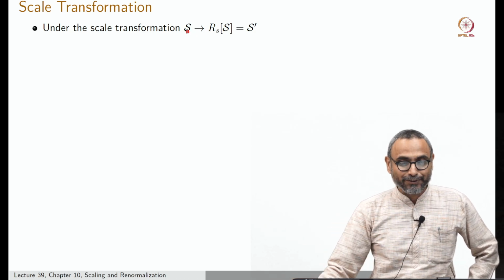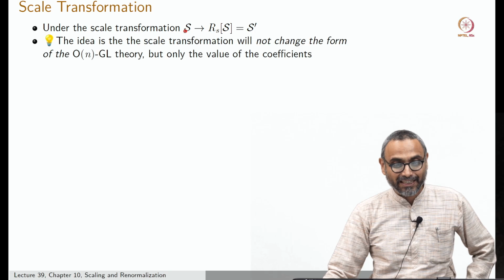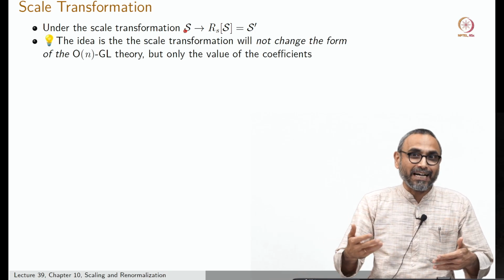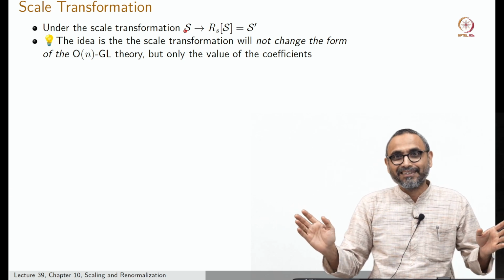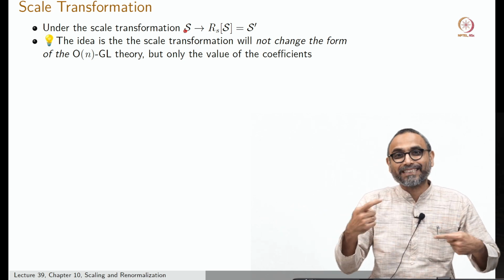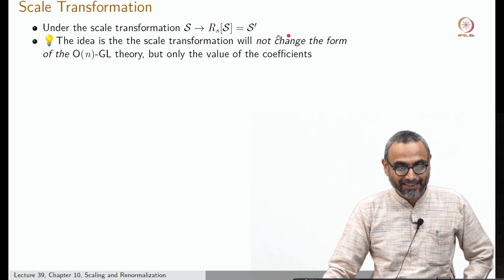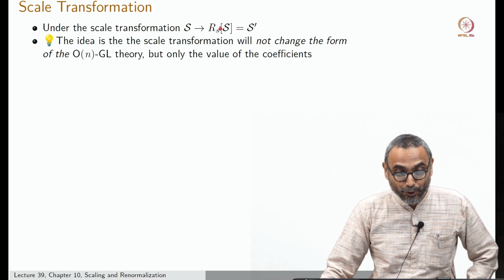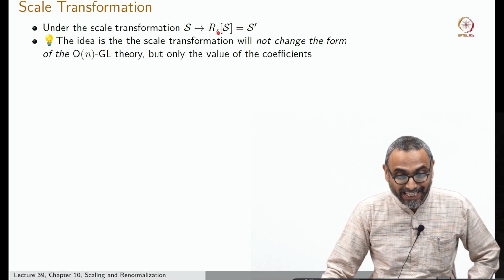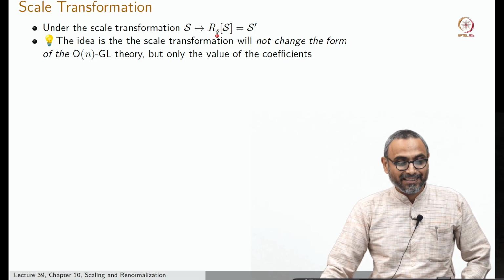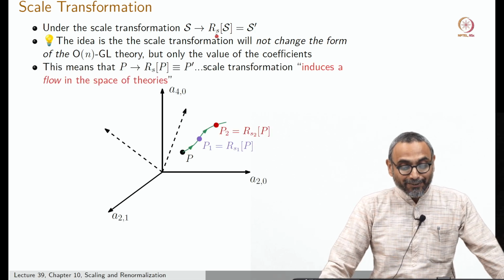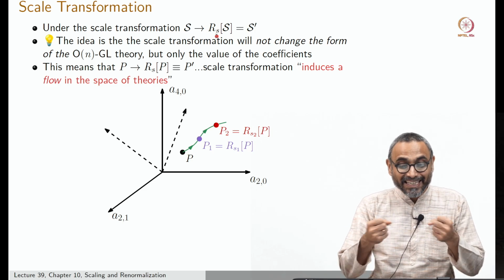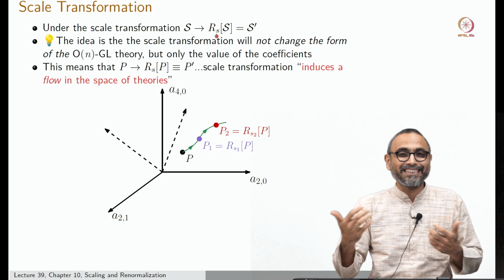Under the action of this scale transformation, you will get a new Ginzburg-Landau theory with all possible terms, but the coefficients of those terms will change. The values of the new coefficients will depend on this scale factor S. So what we can say is that the scale transformation induces a flow in the space of theories.